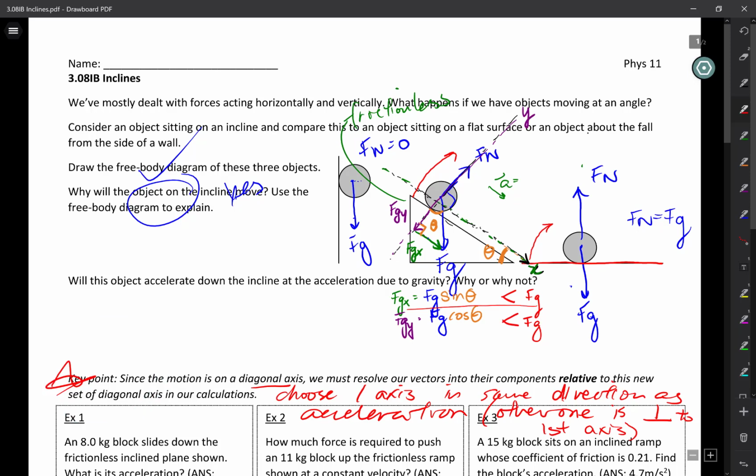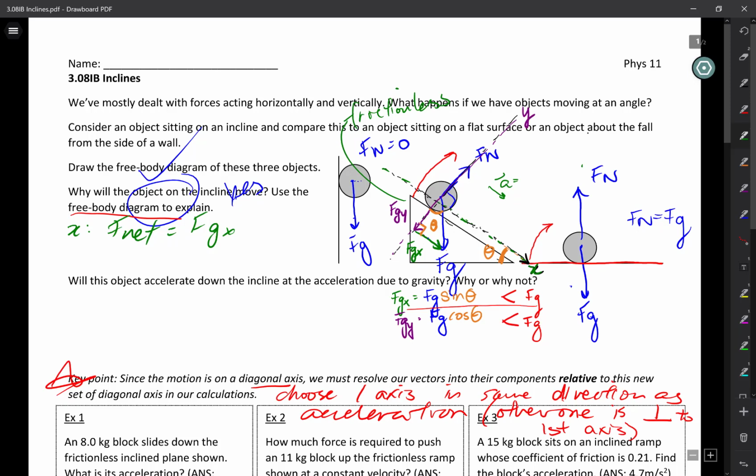Now, going back to our question: use a free body diagram to explain that the object will accelerate. If you take a look along the x-axis, other than the x component of gravity, FGX, are there any forces acting along that line? You don't see anything. There are no other forces. Which means if we write F net along the x direction, the sum of our forces is going to be FGX.